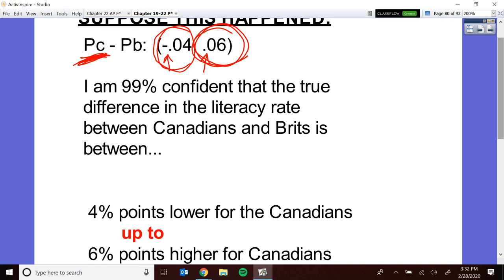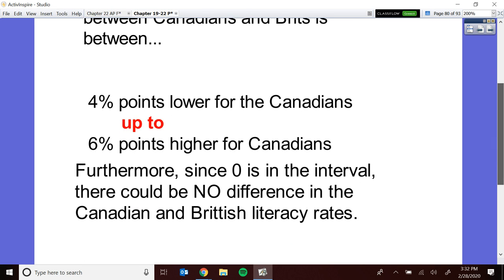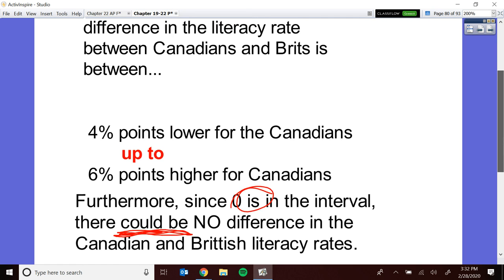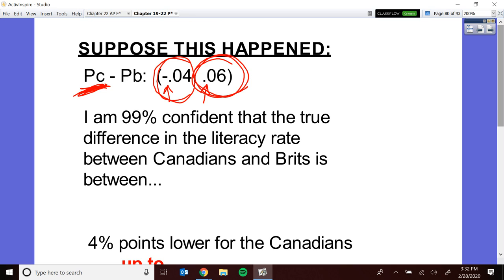Lower in one regard, higher in the other. And in this case, 0 is in the interval. So I'm not saying there could be no difference in the literacy rates of the Canadians and Brits.